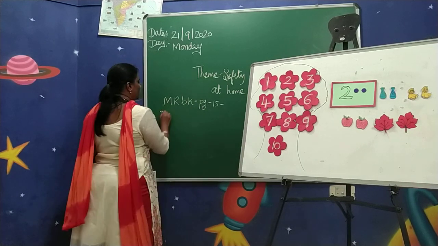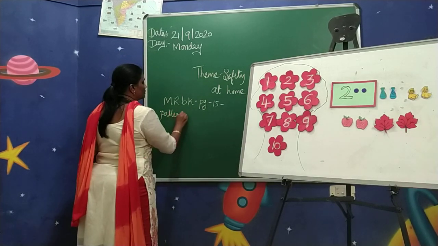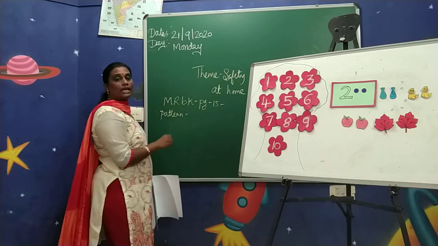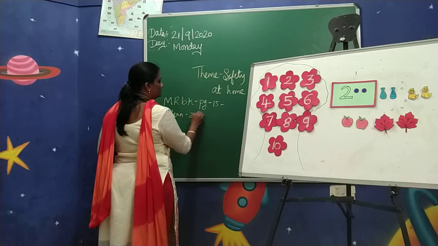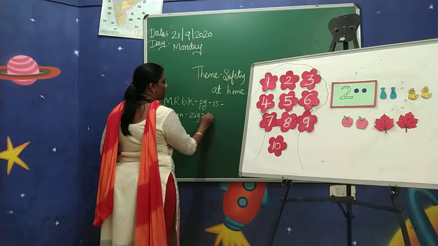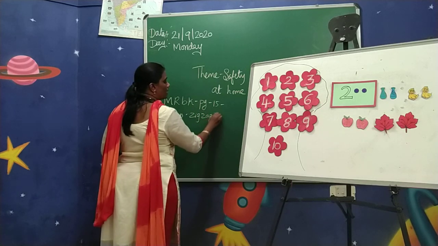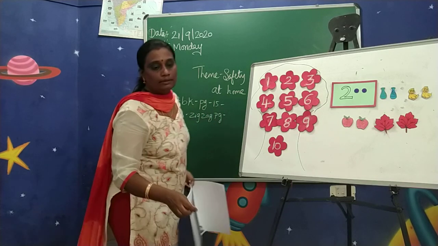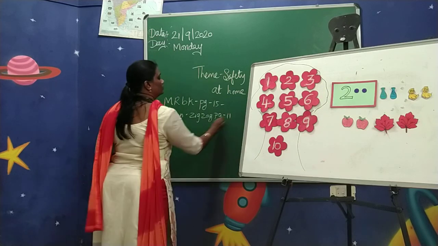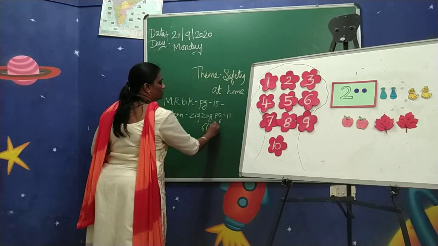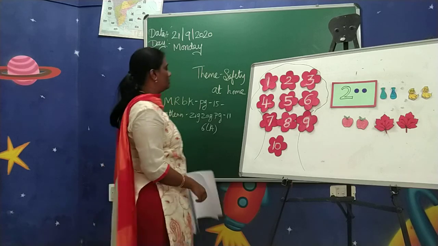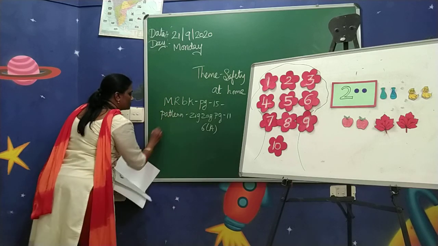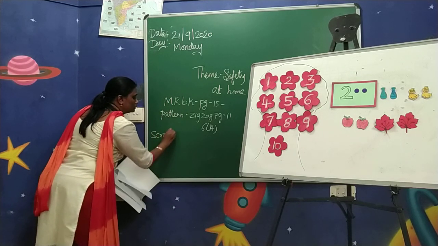Next is pattern writing. In pattern writing you have to trace the zigzag line. Zigzag line, that is page 11, 6A, pattern 6A. Okay, next is the scrapbook.